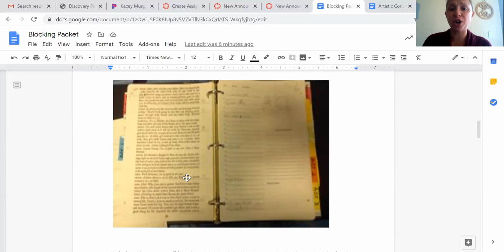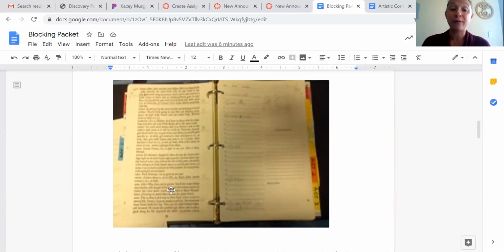This is actually a notebook of mine, it's probably at school in my office. On the left side of my binder, I have just one page from my script. The reason being, you don't want to have too much, or it's unorganized and a mess. So just one page at a time.